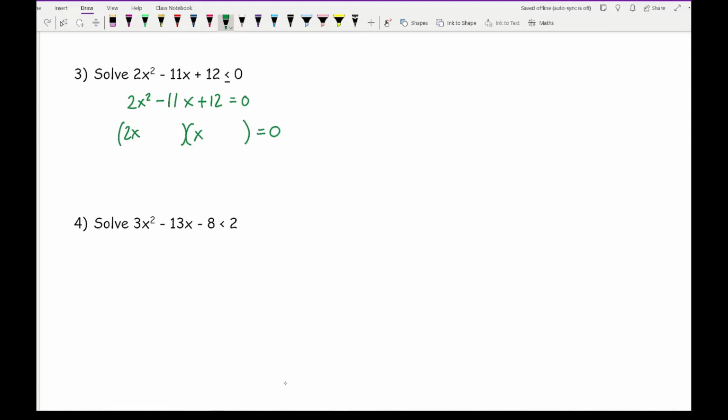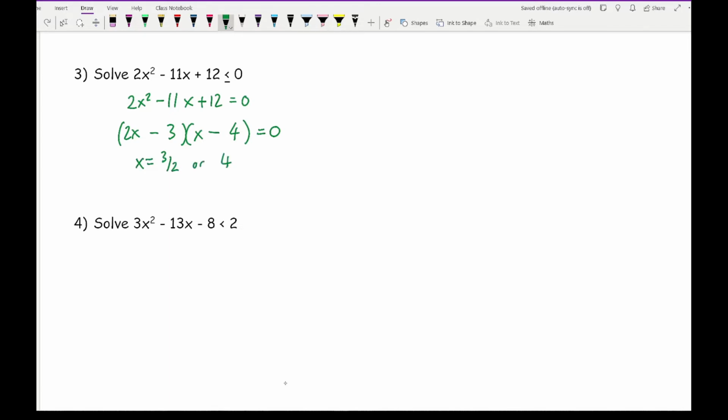I've got 24. So we're looking at 10, no, 6 and 2 maybe. No, 4 and 3. 4 and 3 would work, and they're both going to be minus. So here are our two numbers, and so x is either going to equal +3/2 or +4.